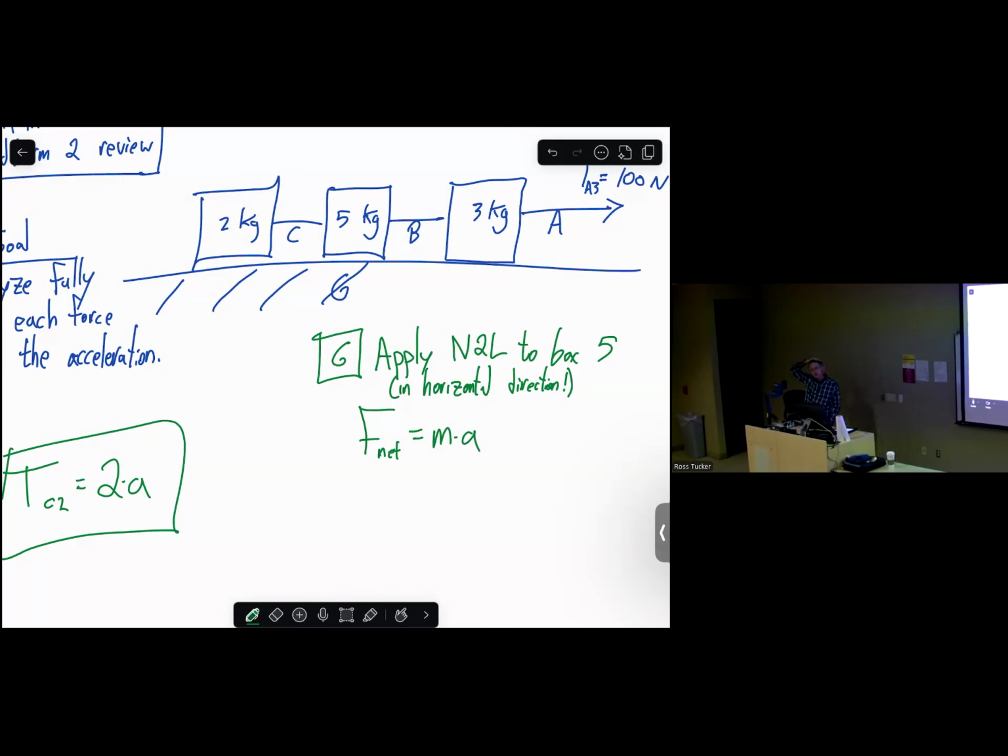Look at the situation, figure out what horizontal forces act, what's M, yada yada. You tell me if it applies to have a negative sign.